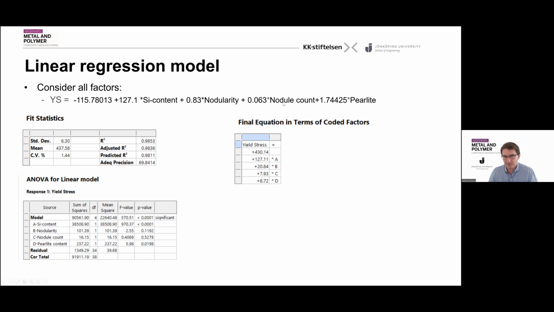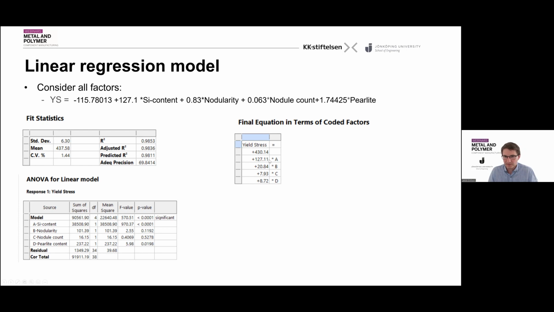So this term is hard to say anything about. In order to say the relative influence of the different factors, we need to look at the equation in terms of coded factors, which means that we are normalizing the values from -1, which is the lowest value, to +1, which is the highest value.